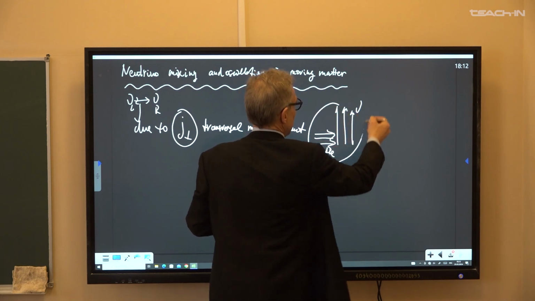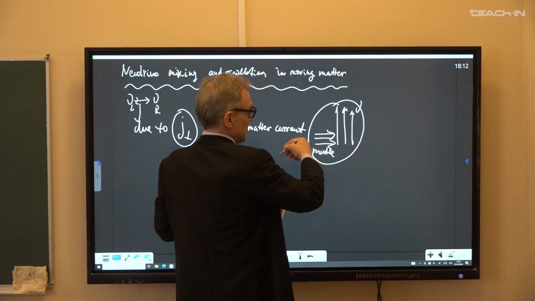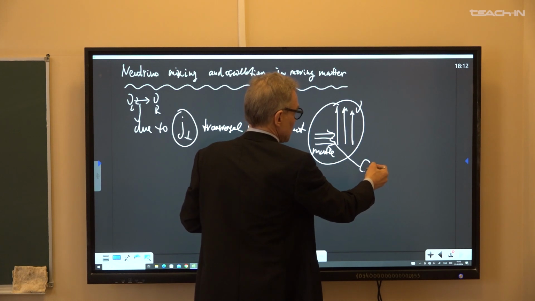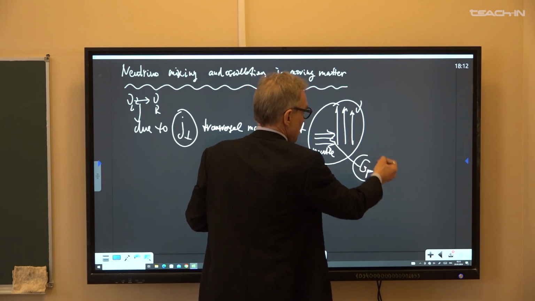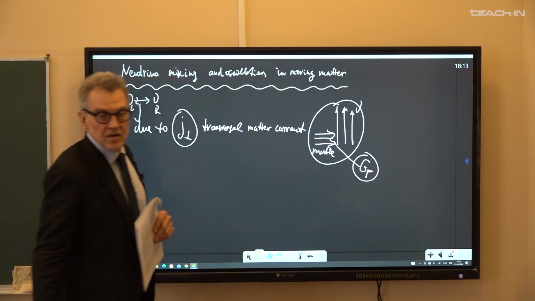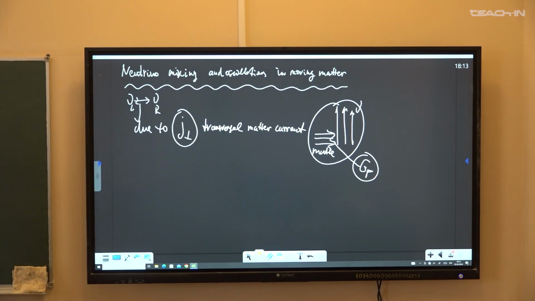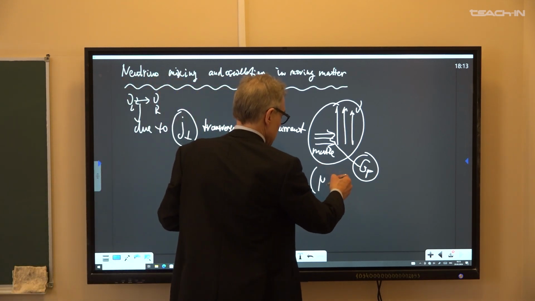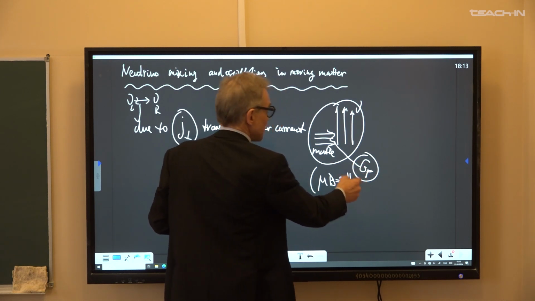And it comes from the interaction of neutrinos with transversally moving matter, and these interactions are due to weak interaction that is determined by the Fermi coupling constant. There is no need for either magnetic moment or magnetic field. This can be exactly zero.